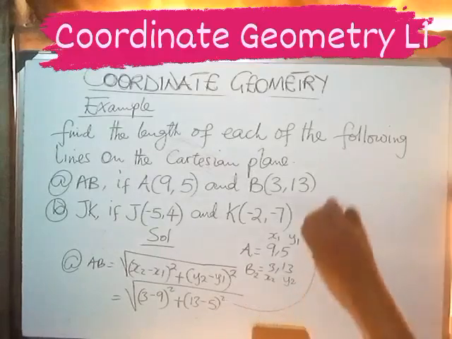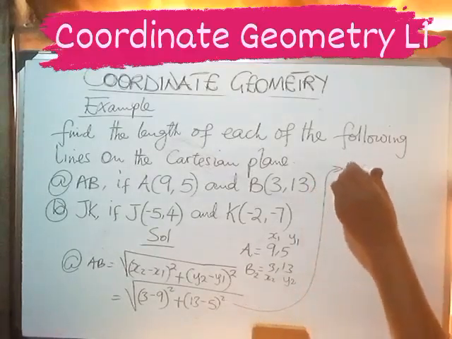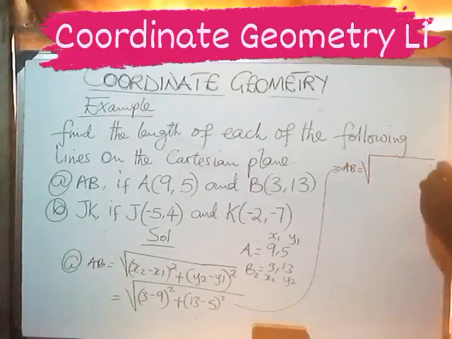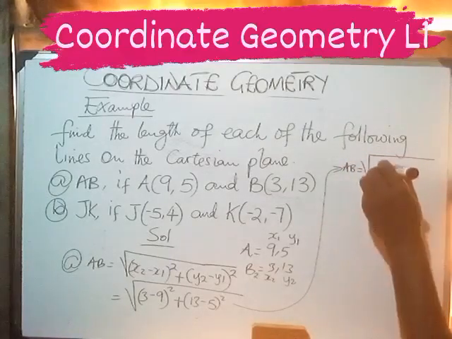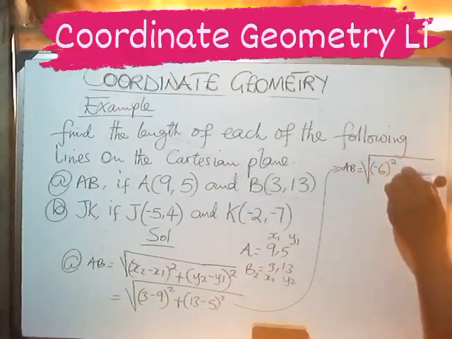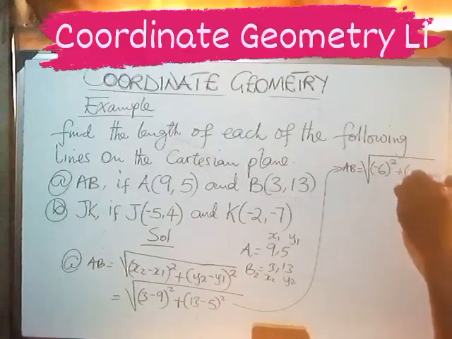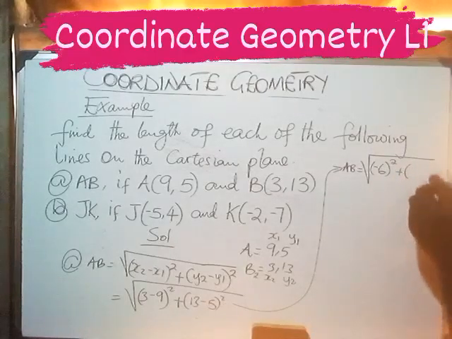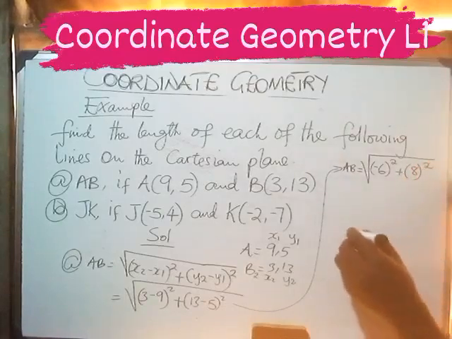So I'll say AB is equal to 3 minus 9, we have negative 6. So negative 6 is squared plus 13 minus 5. The answer is 8. So you say 8 squared.